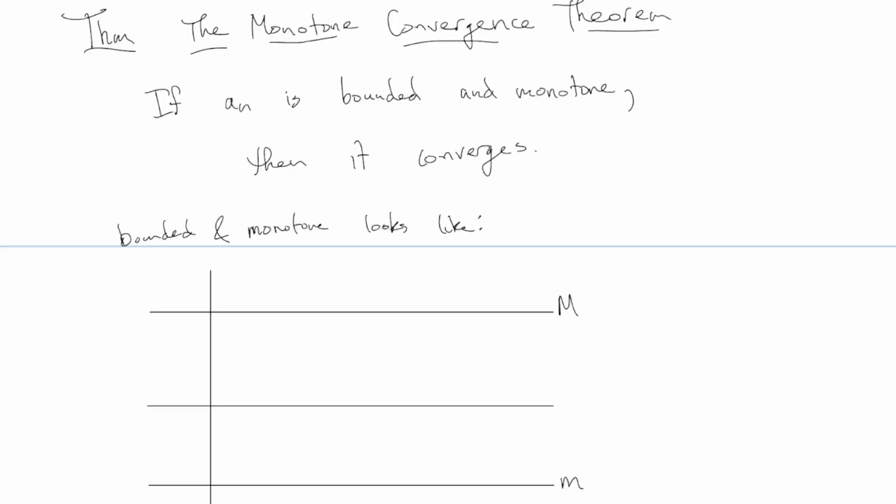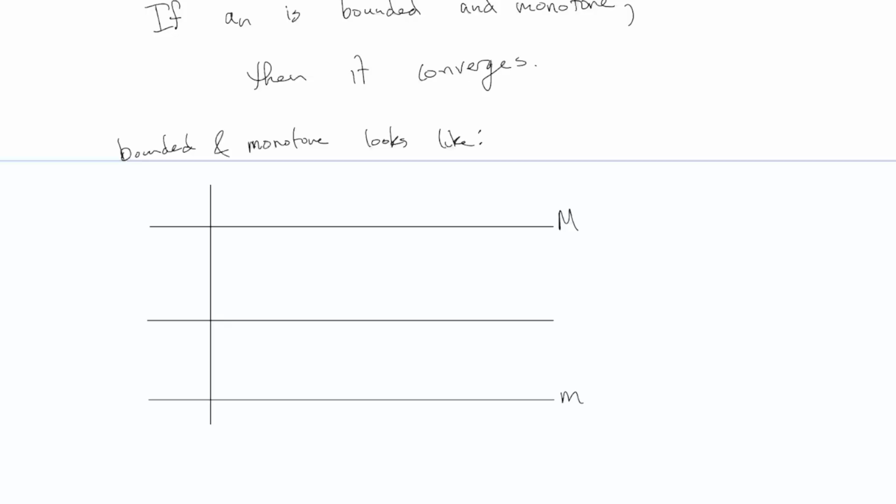And it's going to be monotone, and I hope everybody remembers, monotone means it's either increasing or decreasing. So the dots have to either always go up or always go down. Those would look different if I drew one or the other. I'm going to draw it as if it were increasing, but of course you could also draw them decreasing. So I'm drawing the dots in such a way that it's bounded and monotone. Let's say I'll start down here, I don't know.